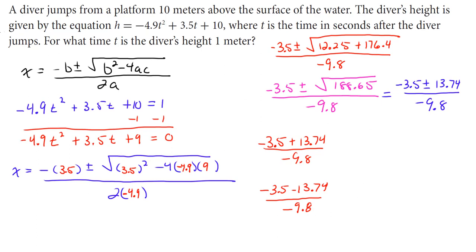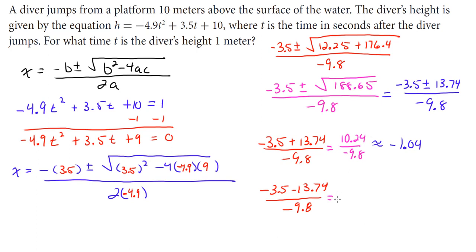So let's go ahead and work these out. So negative 3.5 plus 13.74 is 10.24 over negative 9.8, and 10.24 divided by negative 9.8, rounded to the nearest hundredth, is going to be negative 1.04.